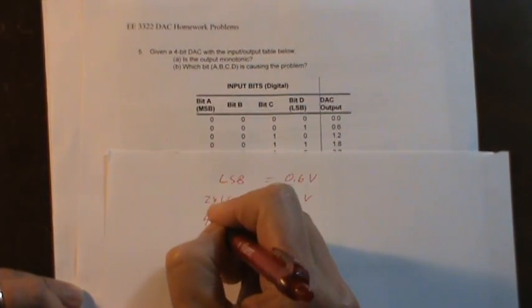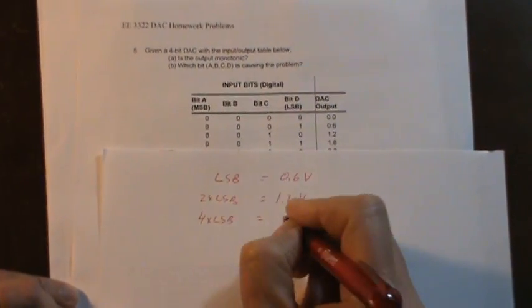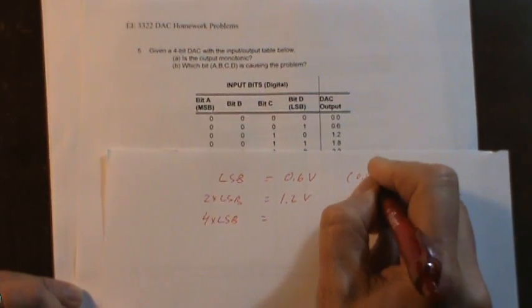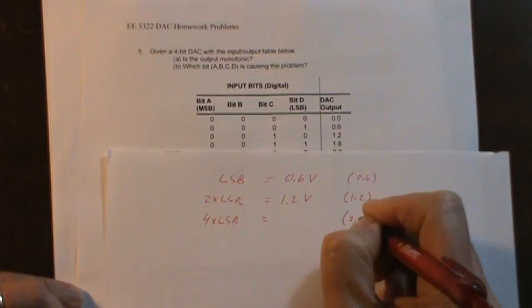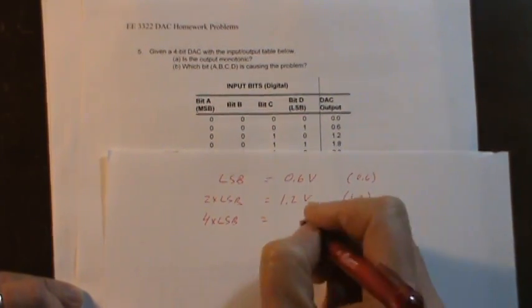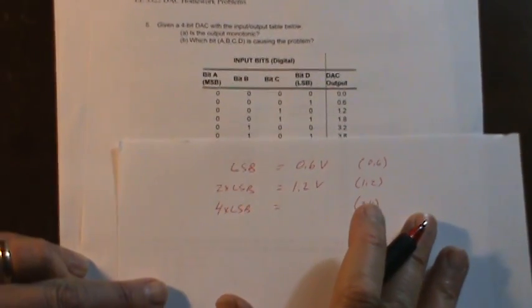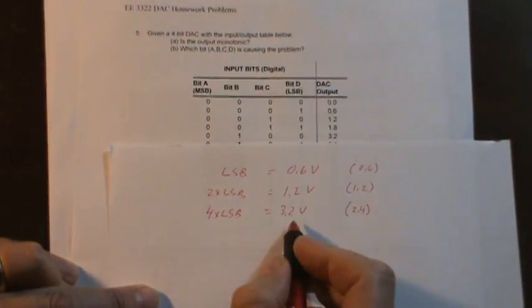But my 4 times LSB, I'm expecting 0.6 here, 1.2 here, and twice that would be 2.4 volts there. I'm expecting 2.4, but it turns out to be 3.2. So its contribution is 3.2.